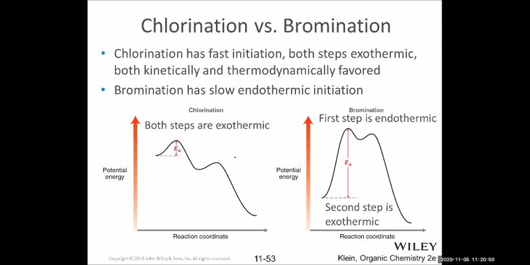And also the energy change for the reaction is highly exothermic. So this reaction is both kinetically and thermodynamically favored. The negative delta H means thermodynamically favored. The very small Ea means a faster reaction, so kinetically favored.